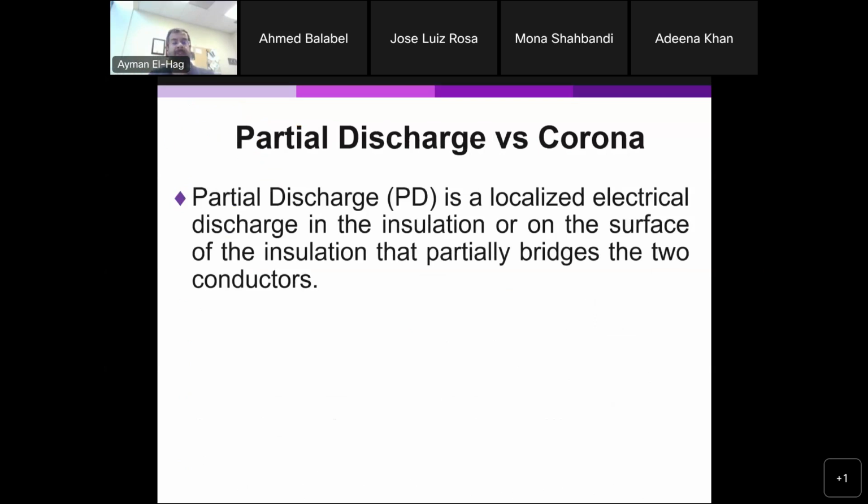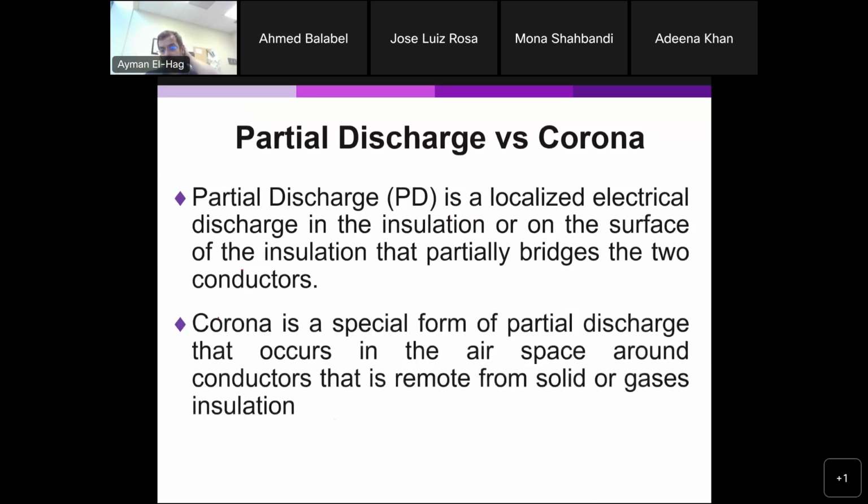So again, to reiterate, partial discharge is a localized electrical discharge, with no complete bridging between the high voltage and the ground. It partially bridges the two conductors. There's a subcategory of that, which we call corona. Corona is when the discharge happens around the conductor and is not in contact with the electrical insulation.